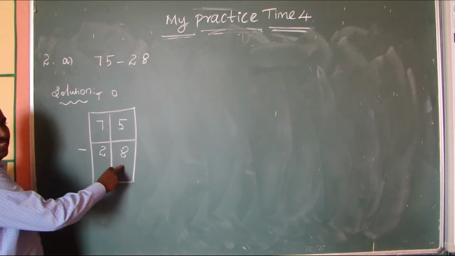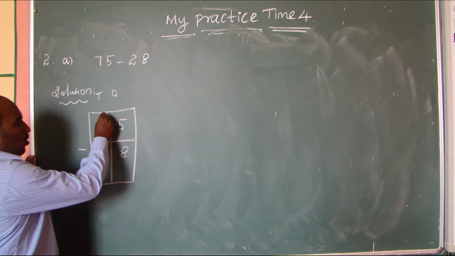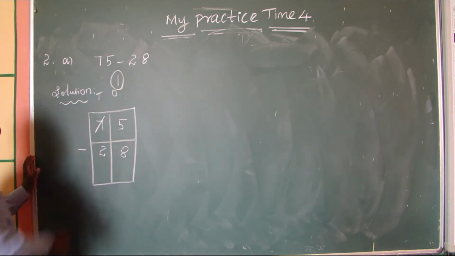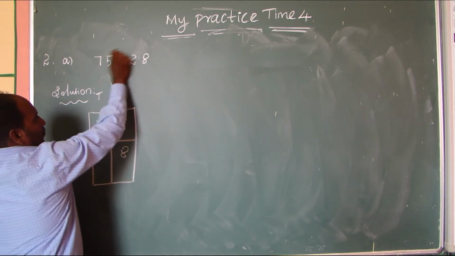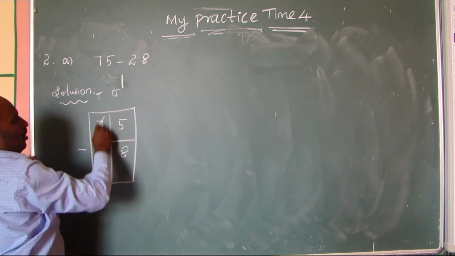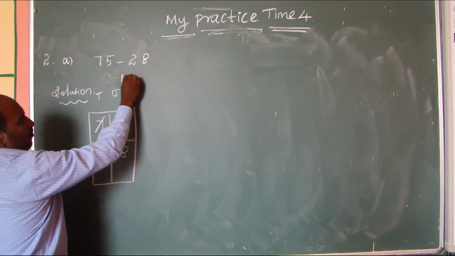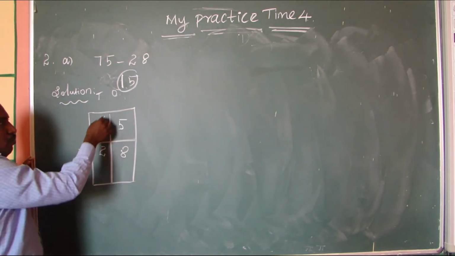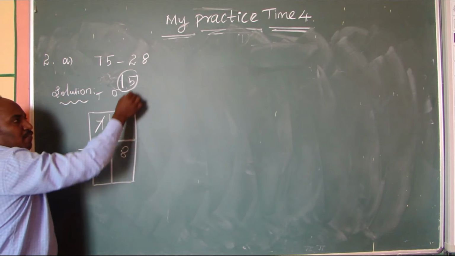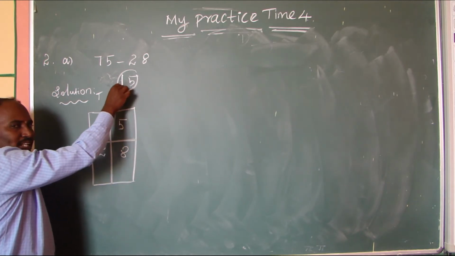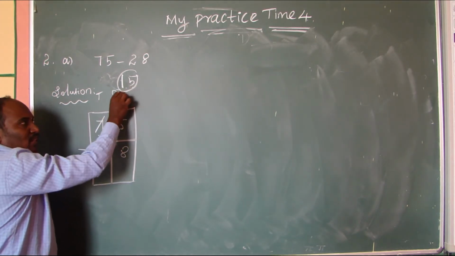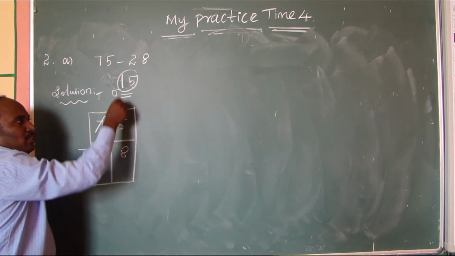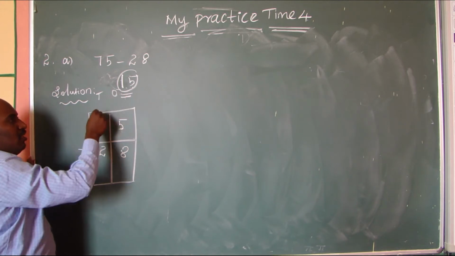5 minus 8 is not possible. So borrow 1 to the ones place. Borrow 1 ten. Here 5 ones, so 1 ten plus 5 ones is equal to 15.